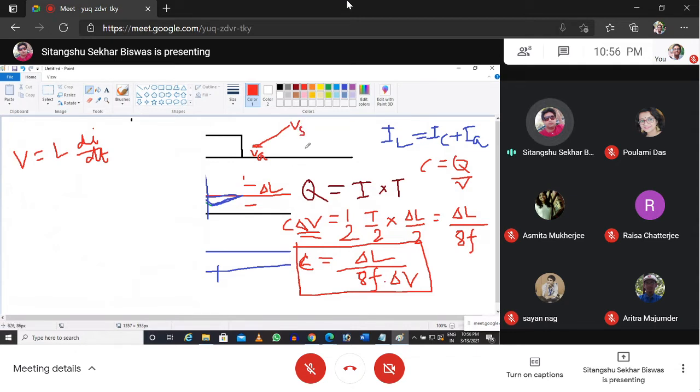This only happens when the switch is on. The inductor experiences the entire input voltage Vs, and when it is off, it comes down to the output voltage because the capacitor is holding that voltage. We are designing it that way. So far we have discussed this.